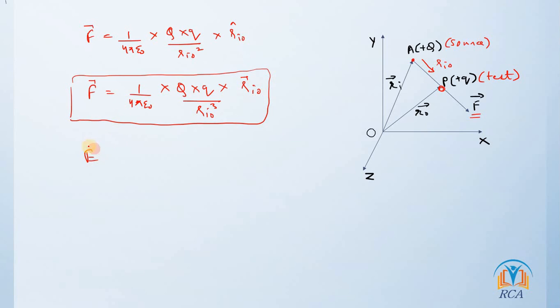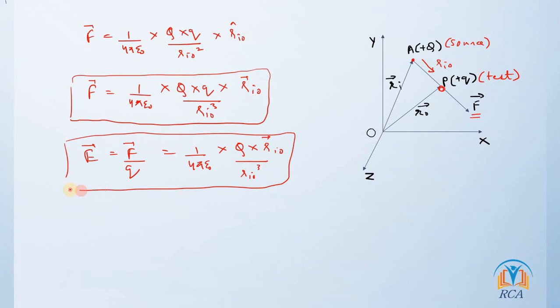And then the electric field intensity at that point should be equal to what? It should be F over Q, force per unit charge. So it should be equal to 1 upon 4 pi epsilon naught into Q into Ri0 vector over Ri0 cube, because we have already cancelled out the Q, and this will give you the electric field intensity at point P. This can further be written in a proper vector notation.